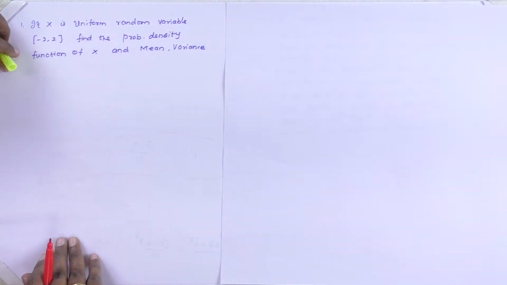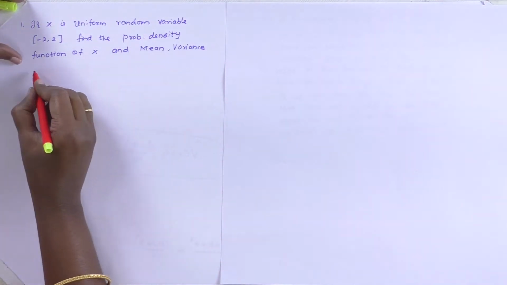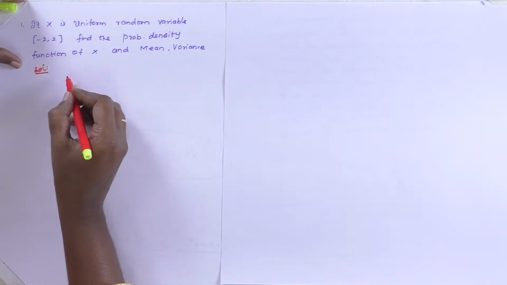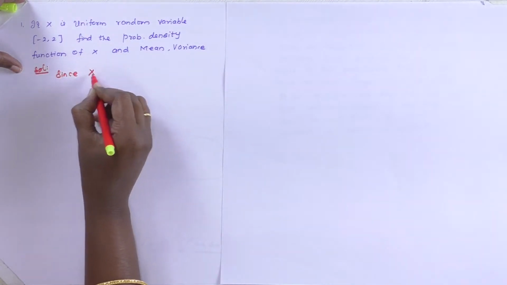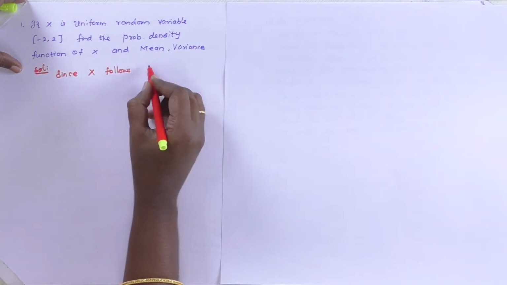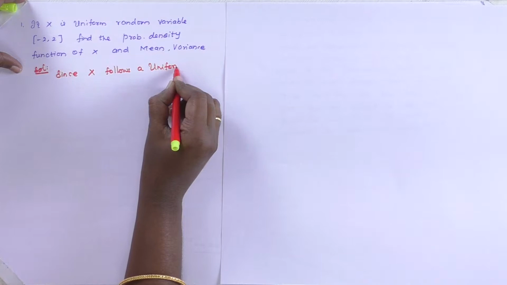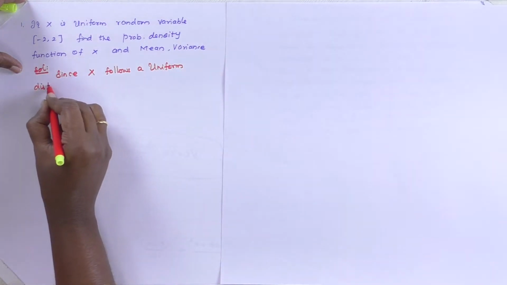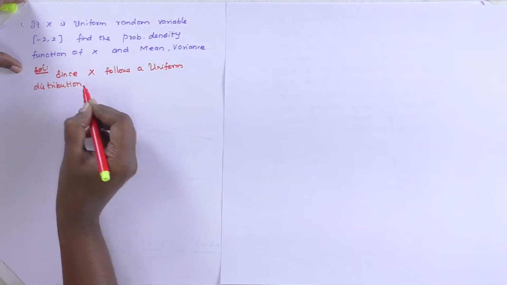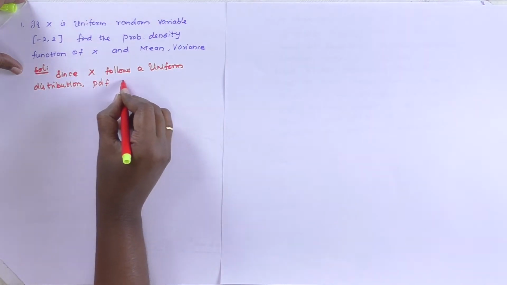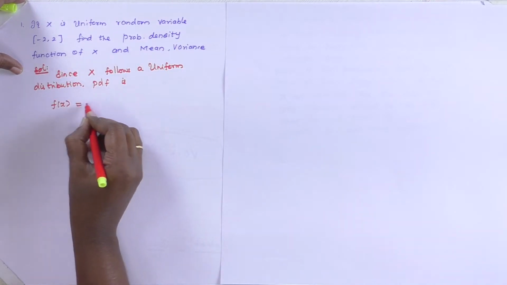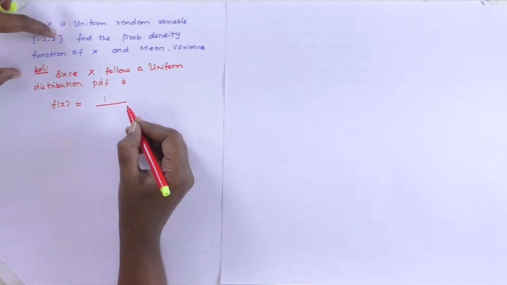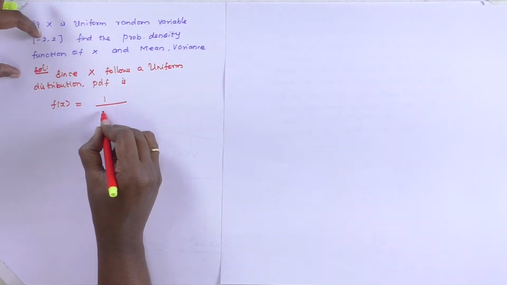First, we have to identify the probability density function of the uniform distribution. Here the random variable follows a continuous distribution. Since x follows a uniform distribution, the corresponding probability density function is f of x is equal to 1 divided by second value minus first value, that is b minus a.